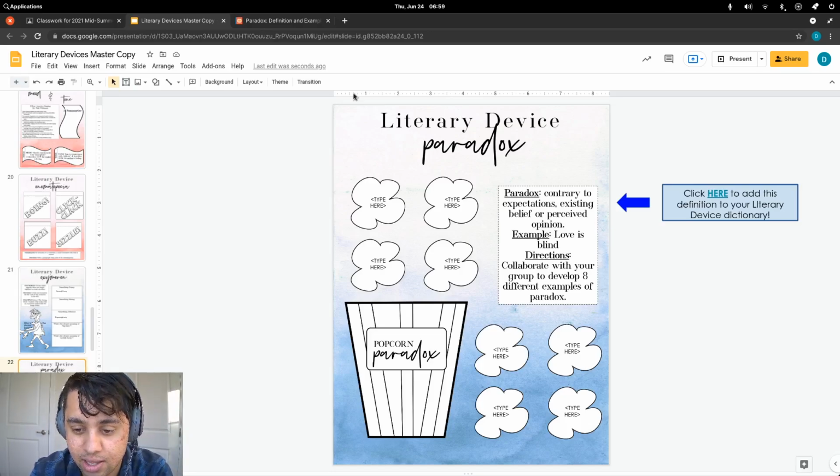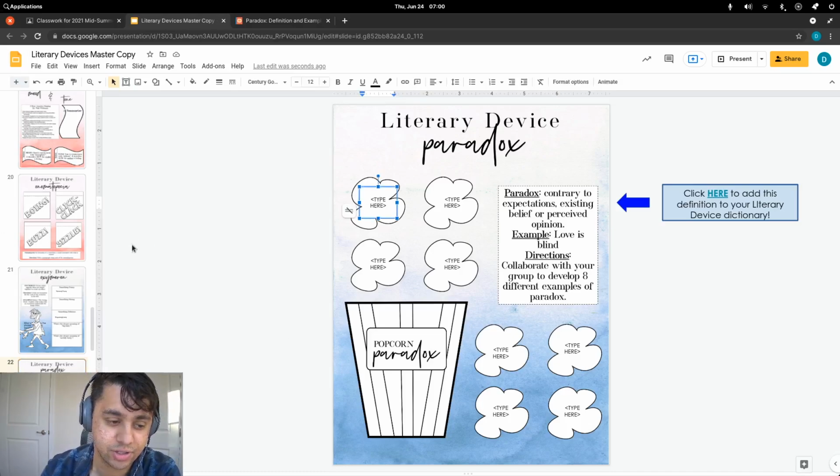If they're working on something else, that's fine. Just have them give you an example. But try to come up with examples of paradox. Feel free to use Google and find some paradoxes. And obviously just type them in there.